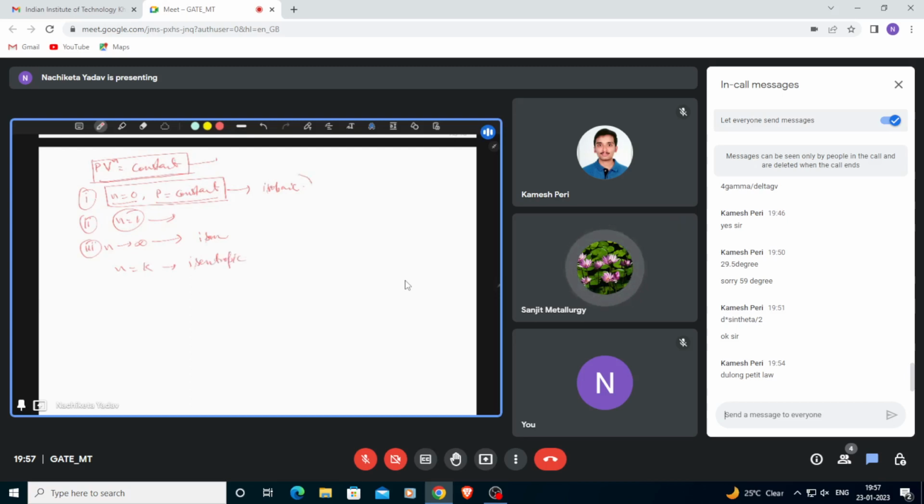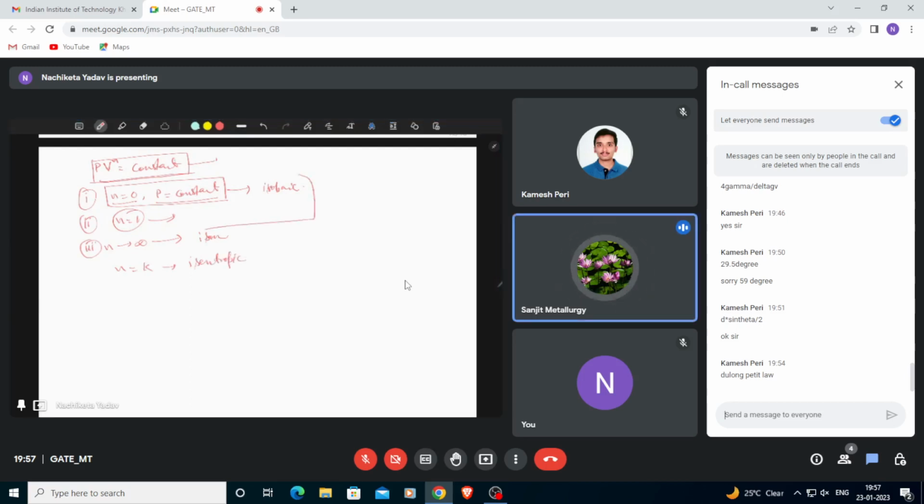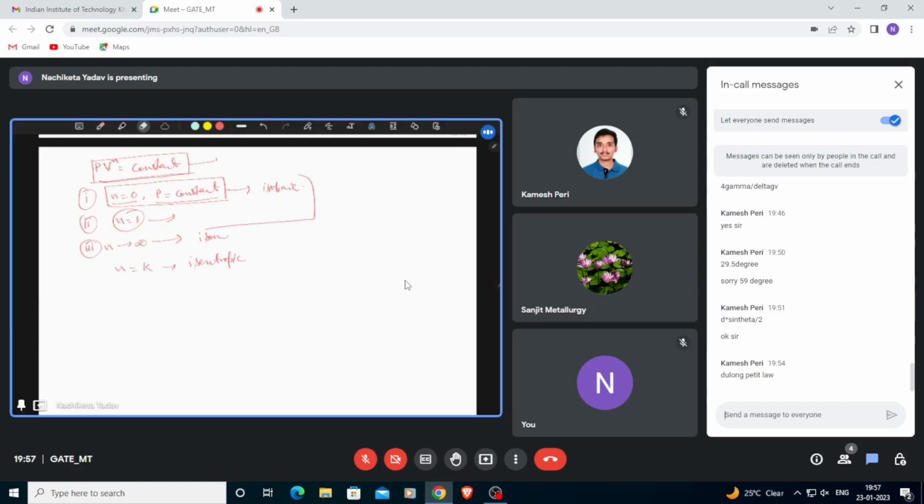I think this two is important; isometric is out of syllabus. When n equal to 1, then PV will be constant, then we can say this is isothermal. This temperature is constant.